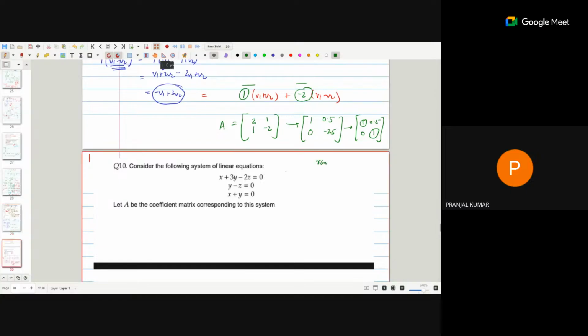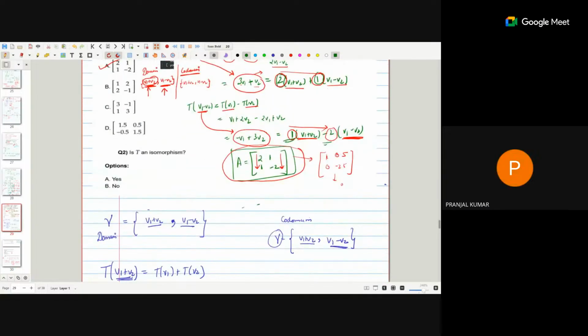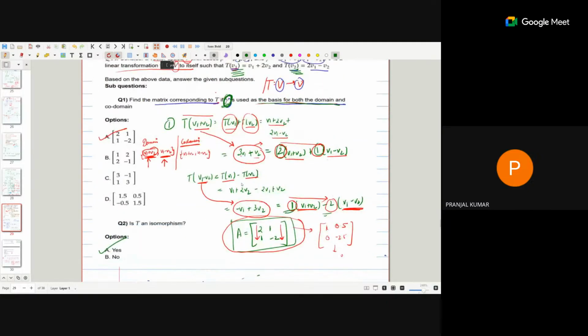So rank is 2, which is equal to the dimension of V. This implies onto. Nullity is equal to 0. This implies one-to-one. And these two imply isomorphism. Is this clear? Yes, sir. So it is an isomorphism. Yes or no? Is this clear?